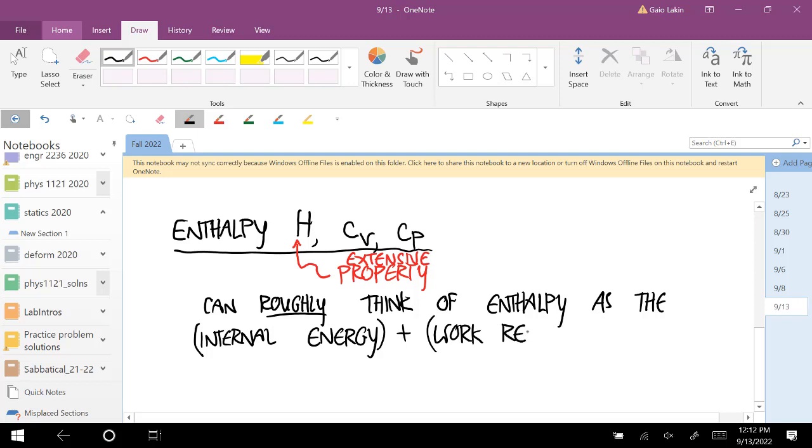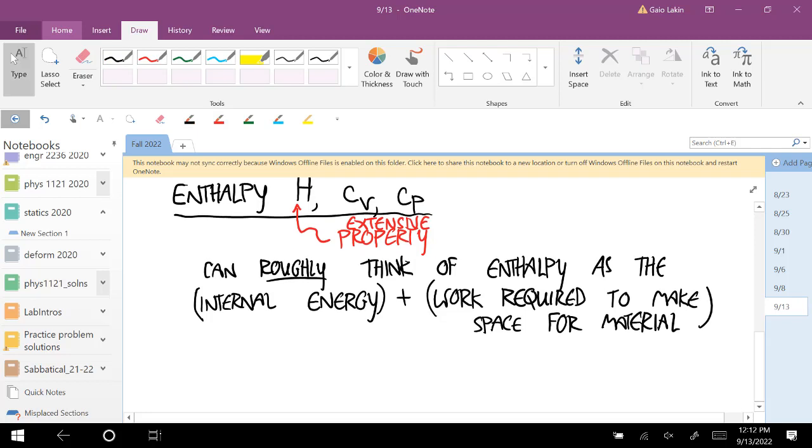Let's say the work required to make space for it. I've never found that particularly useful to think of it that way, but I tend to just think of it as an artifact of a calculation that we'll see when we talk about control volumes.